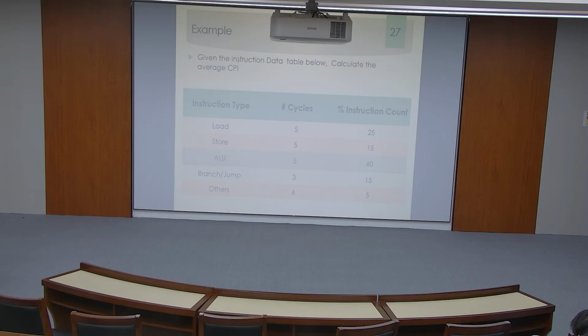Plus the last one, others, we have number of cycles 6, and the instruction count is 5%, that is 0.05, and the result is 4.75 cycles.